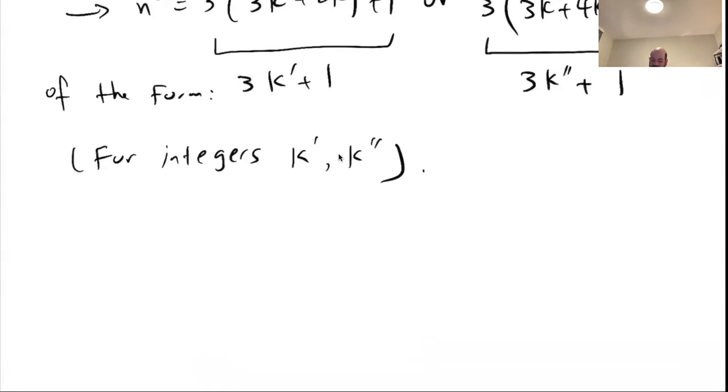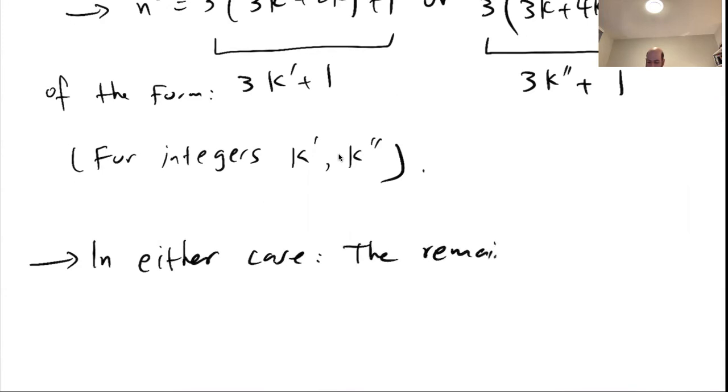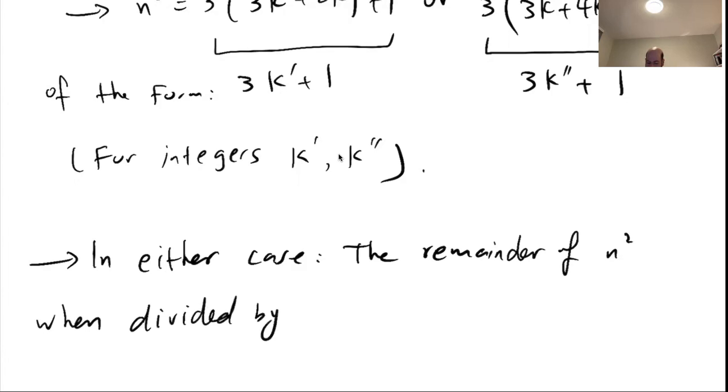So in either case, the remainder of n squared when divided by 3 is 1.